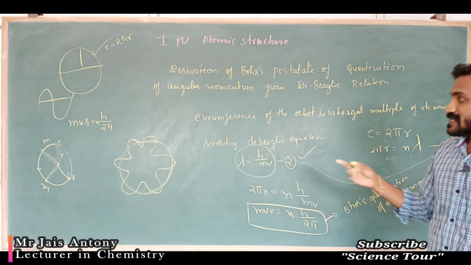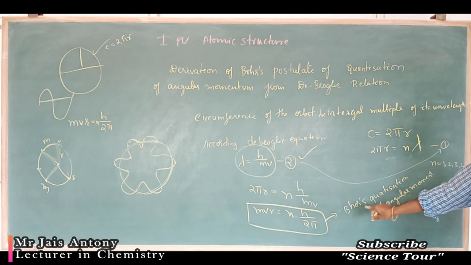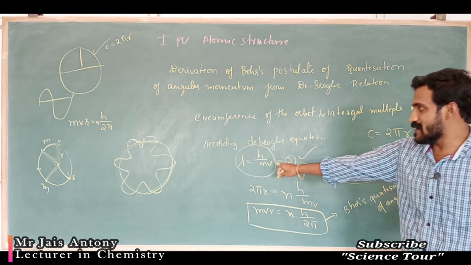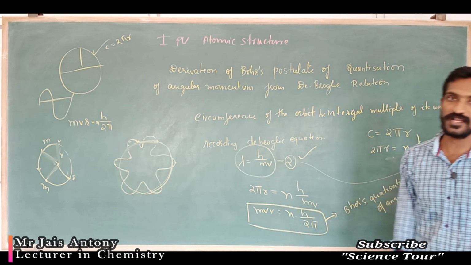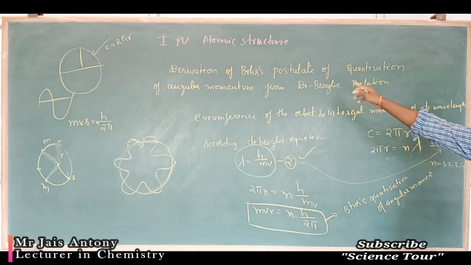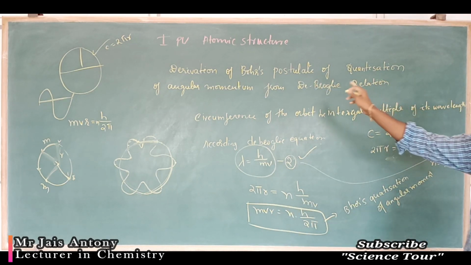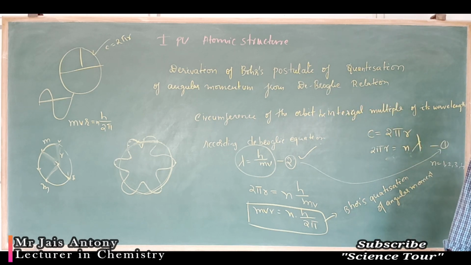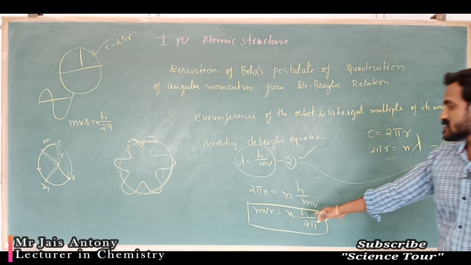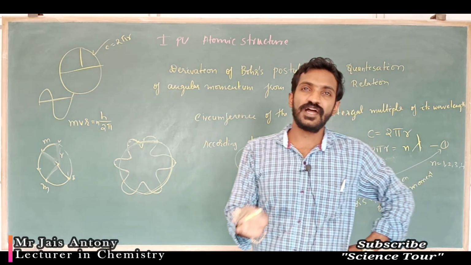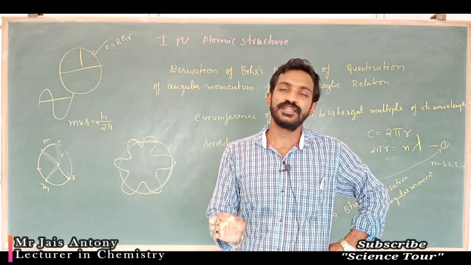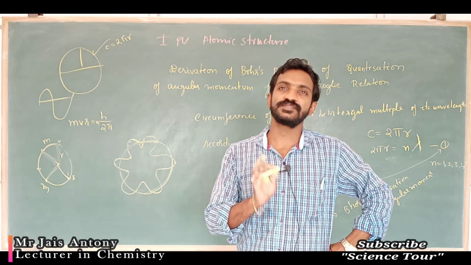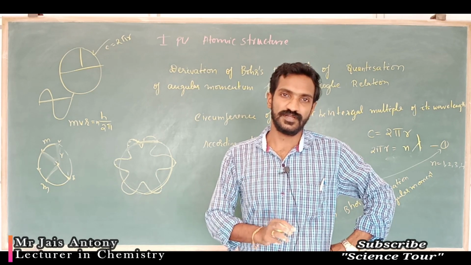So we derived an equation for Bohr's quantization of angular momentum using what? This equation refers to the de Broglie equation. That's the derivation of Bohr's postulate of quantization of angular momentum from the de Broglie relation. So what it says is the angular momentum of an electron in its orbit is fixed, is quantized.